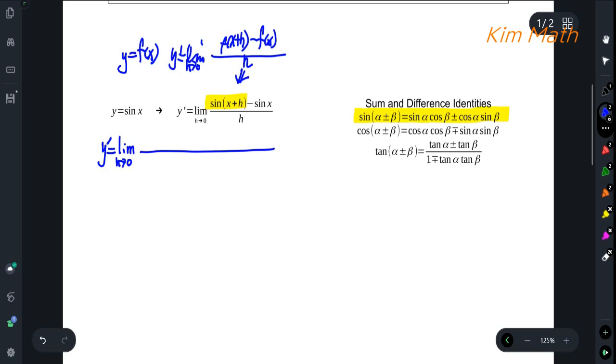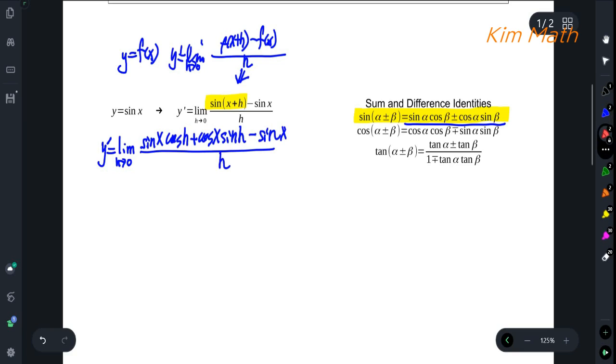Now sine of x plus h, you can use this concept, right? So sine x cosine h plus cosine x sine h, right? And you have sine of x and you have h here.